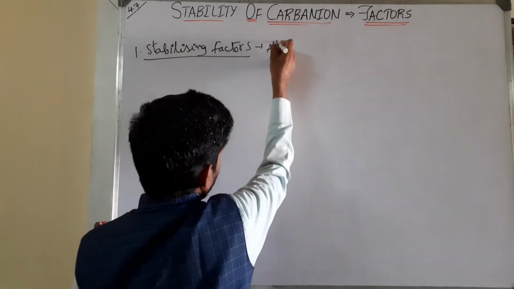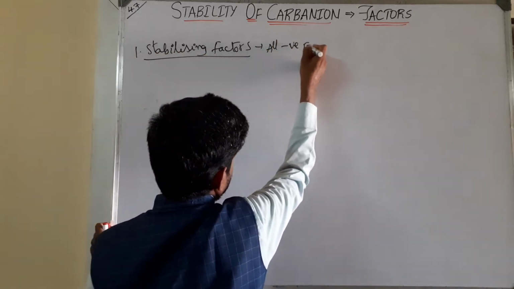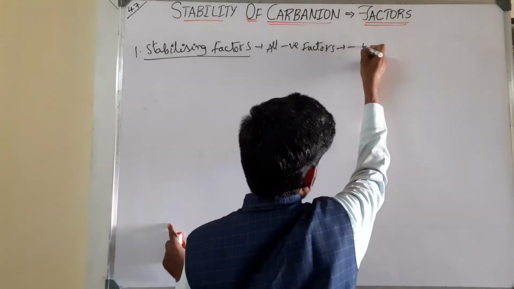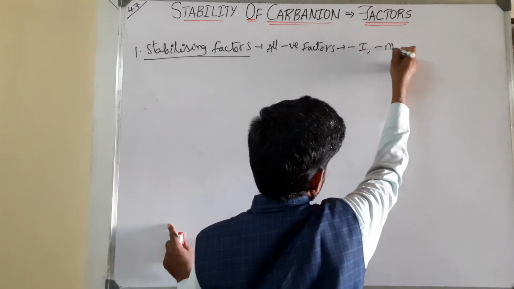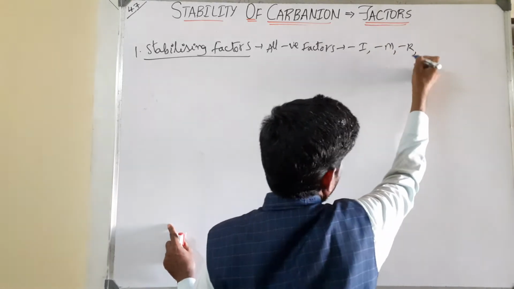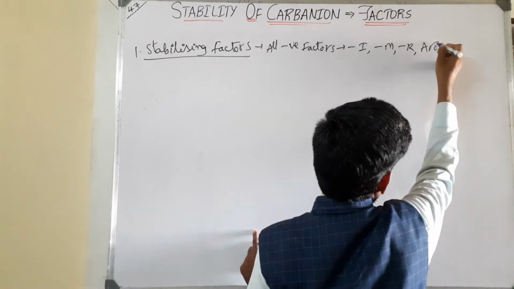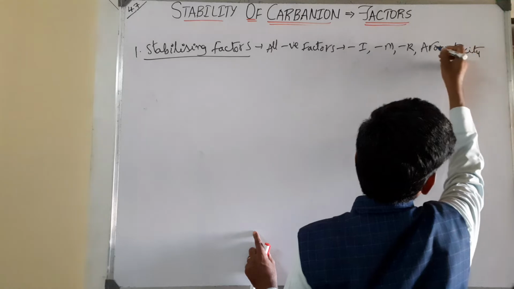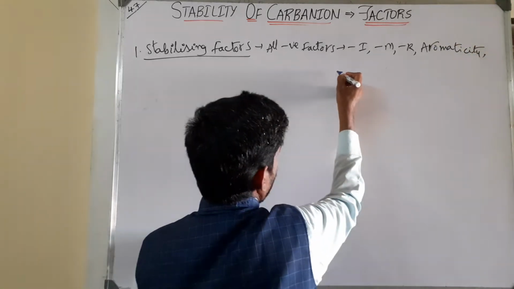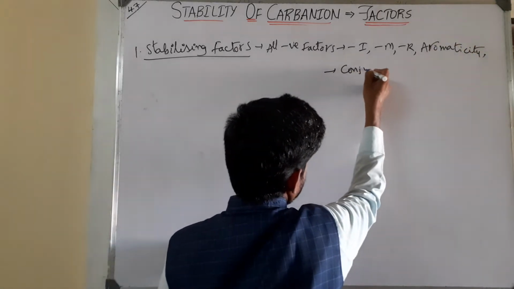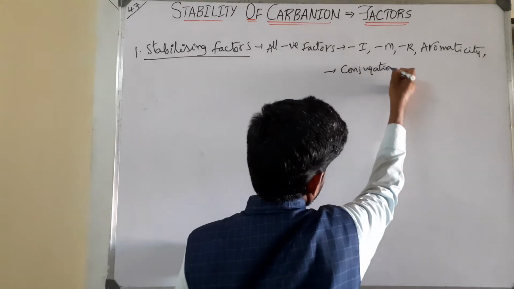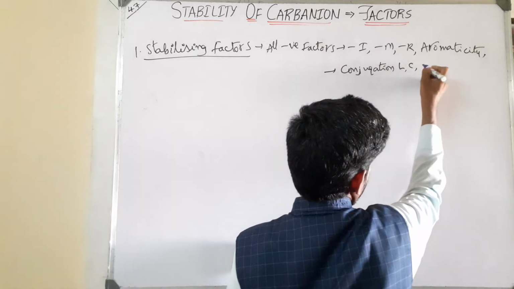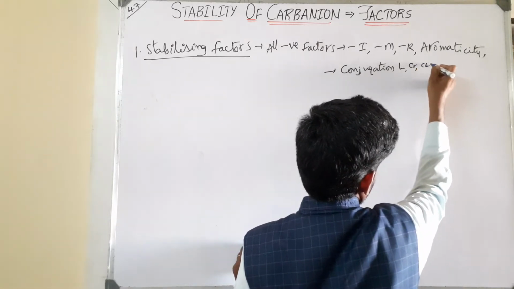Those are all negative factors, like negative inductive effect group, negative mesomeric effect group, negative resonance effect group, and also aromaticity, and also conjugation, that is linear conjugation, crossed conjugation, and cyclic conjugation.